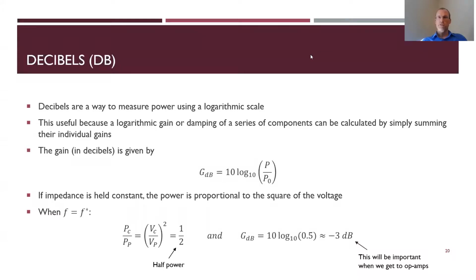A good way to measure this change in amplitude is with decibels. They measure the power using a logarithmic scale. The nice thing about logarithmic scales is if you have a bunch of them back to back, you just add them together to get the total gain or damping. So power is either going to be increased or decreased, either gained or damped by a series of components.